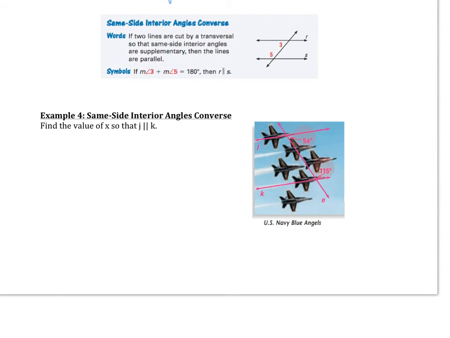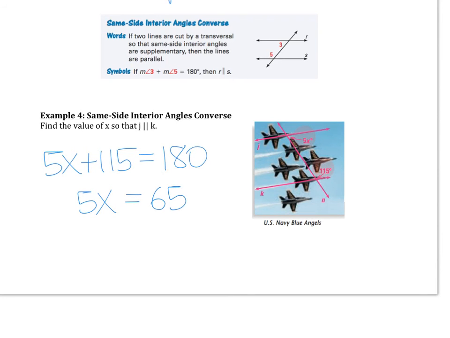They are in the same side interior position. So they must be supplementary in order for those lines to be parallel. Subtract 115 and divide by 5. You have 3 examples to try.